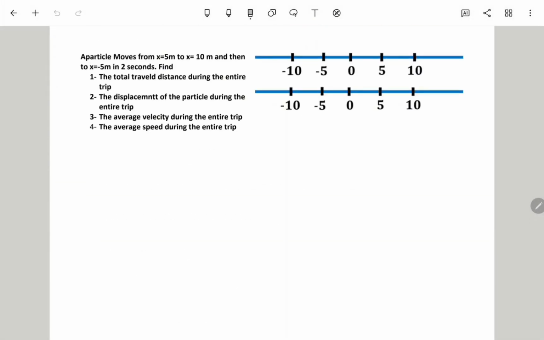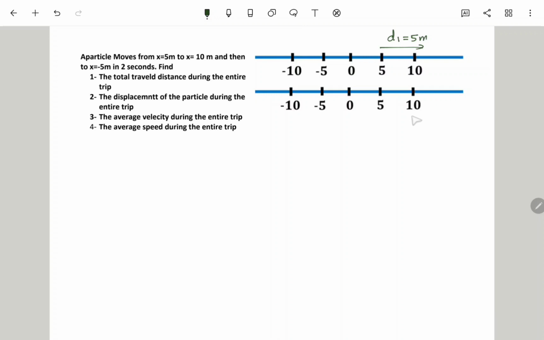A particle moves from position x equal to 5 meters to x equal to 10 meters and then x equal to minus 5 in 2 seconds. Find the total traveled distance during the entire trip, the displacement of the particle during the entire trip, and the average velocity and average speed. For the total traveled distance, he moved from 5 to 10, and this is d1, which is equal to 5 meters.